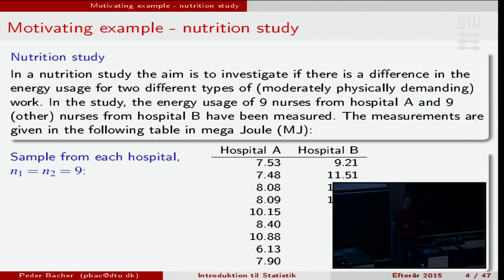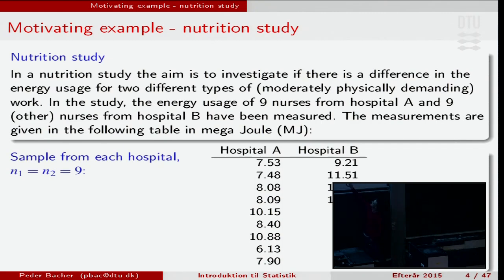So it might be that things are situated differently in the two hospitals, so the nurses have to walk more or something like that. Anyway, we're able to measure their energy use in megajoule. I'm not totally sure whether it's the average over a month or something, or it's just a day. Anyhow, we have these two samples, and that's the point today.